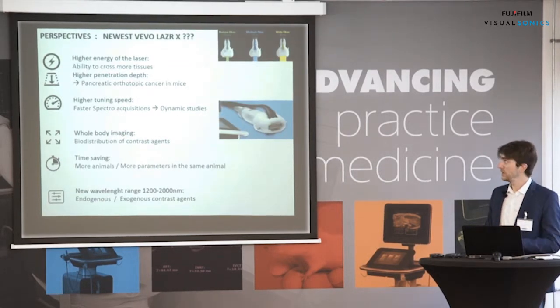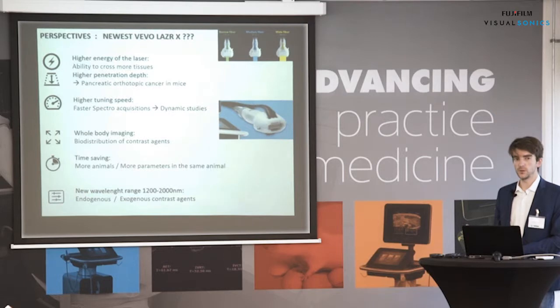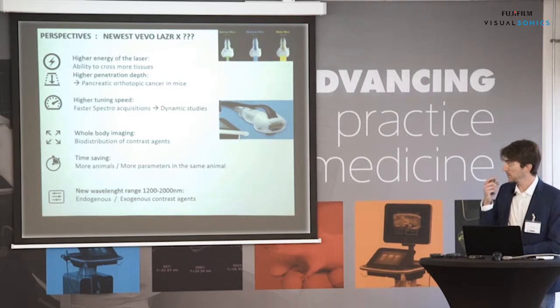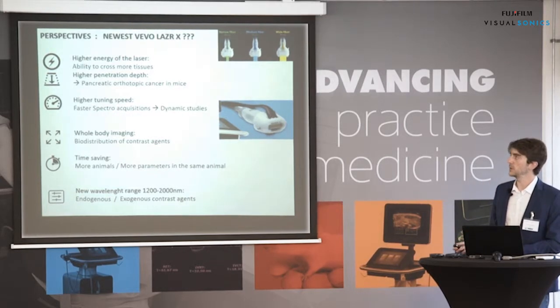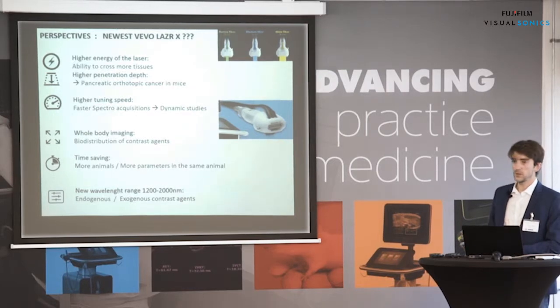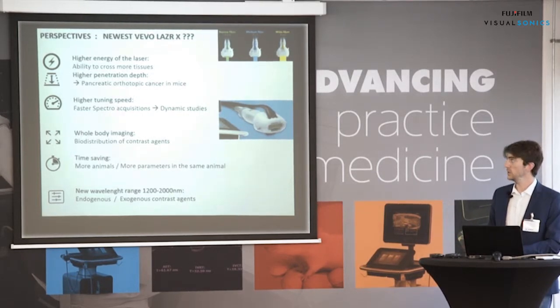I also added this last slide on the Vevo LAZR-X because every experiment you've seen was performed with the Vevo LAZR, and it would have been great if we could use this Vevo LAZR-X because of the higher energy of the laser, so it allows to cross more organs and more tissues, so it would have been interesting to use it for pancreatic orthotopic cancer models.